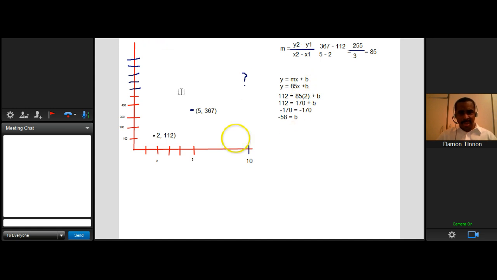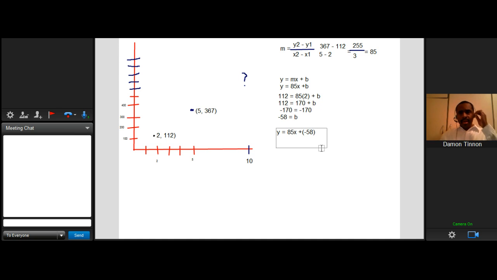So now we can come down again and establish that the equation of this line is y equals m, 85, times x plus b, minus 58.